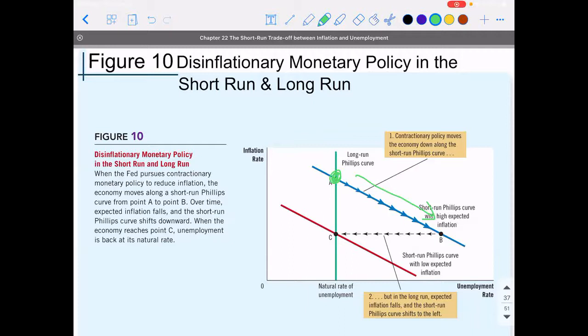But what if, again, the Volcker idea would be, let's not wait for that painful process to happen where more and more people are slowly losing their jobs. Let's go from A and just go straight to C. And we're going to do that by decreasing the Phillips curve, which means in this case, reducing the aggregate demand.